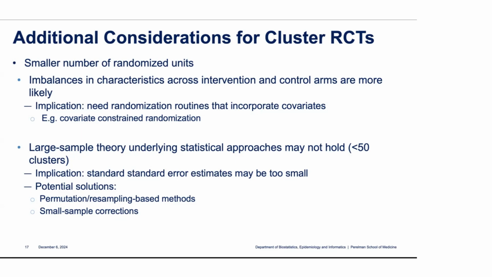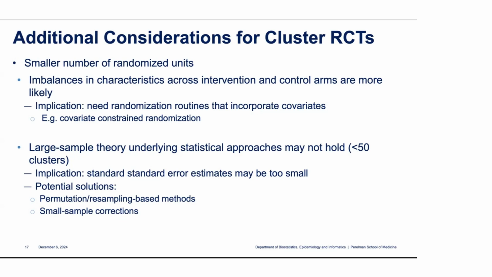It might have been that we had 15,000 patients, but now we only have 30 clusters, right? Depending upon how many patients there are within each cluster, whether we're considering hospitals or classrooms or things of that nature. And so our standard statistical procedures might not work, and the standard error estimates may be too small.